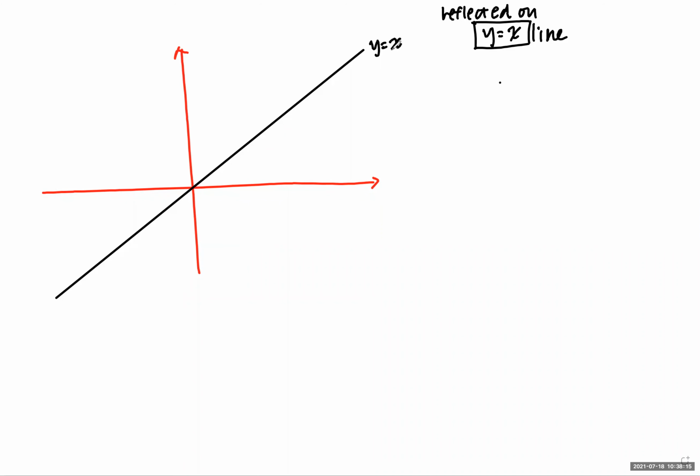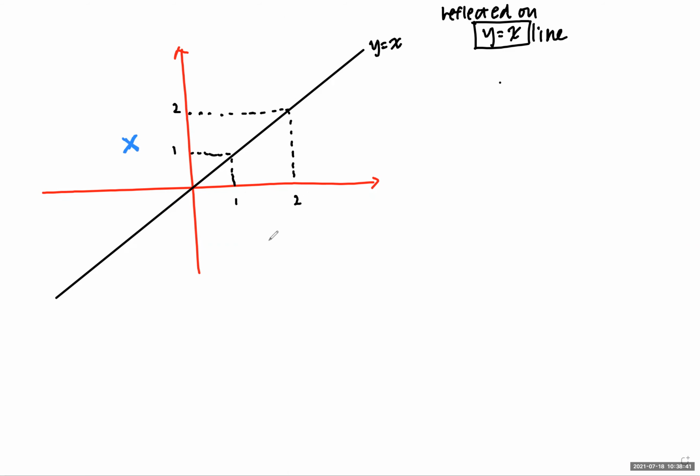You need to know that y equal to x means, for example, if here is 2, here is 2, it means it's equally spaced, correct or not? If here it's 1, here is 1. You all understand this part. So let's say right now my center is around here.